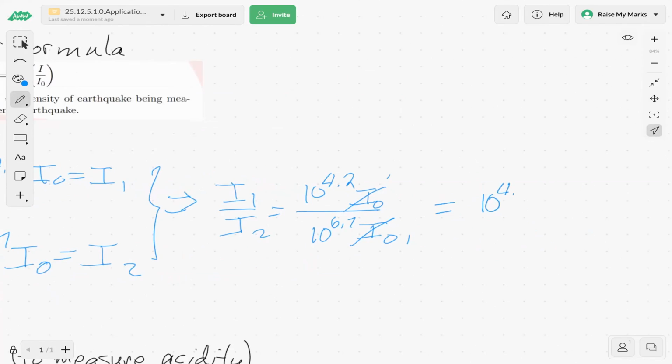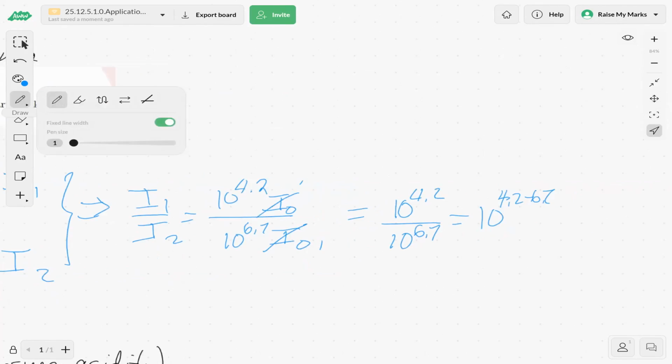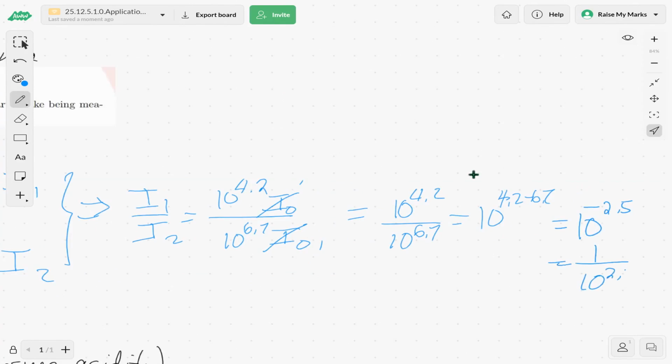And we're left with 10 to the power 4.2 over 10 to the power 6.7. We're going to use our properties of exponents, and we have 10 to the power 4.2 minus 6.7. And what does this equal? This equals 10 to the power negative 2.5, or 1 over 10 to the power 2.5. So here we've compared our intensities.